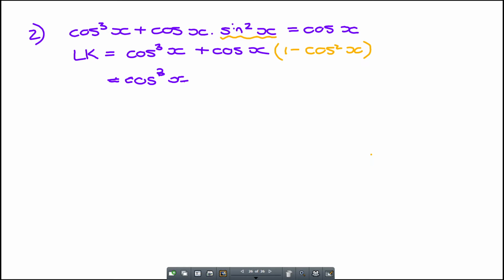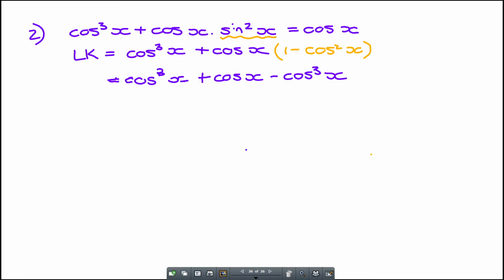Okay, cos x times 1 gives me just cos x. Okay, plus cos x, and then cos x times minus cos squared x gives me minus cos to the power 3x.